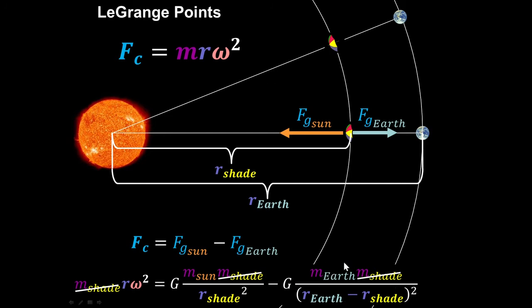This is the same thing, m1 m2 over r squared, but we take the radius of the Earth minus the radius of the shade, which is how far the shade is from the Earth. Then we would just solve this equation for the radius of the shade. Everything else in there we know. And you could put that shade right there, and it would stay where it's at.